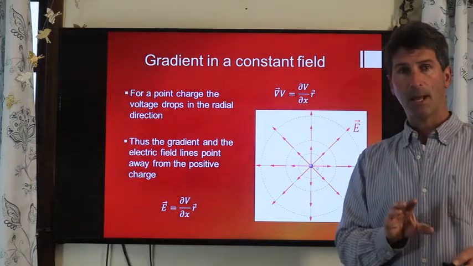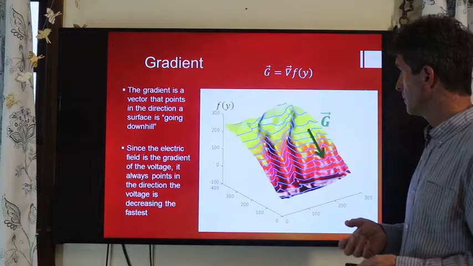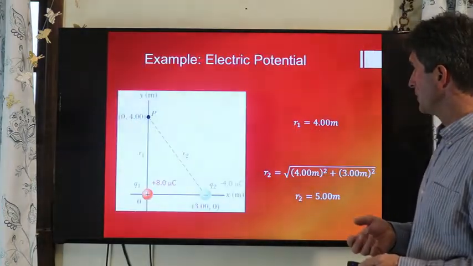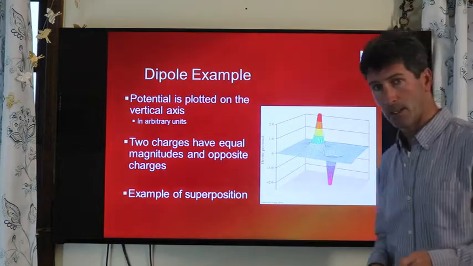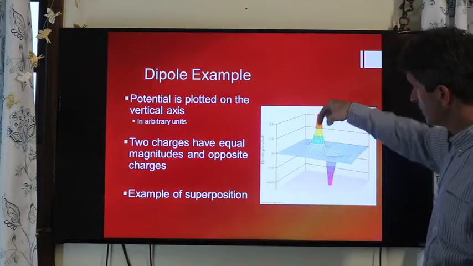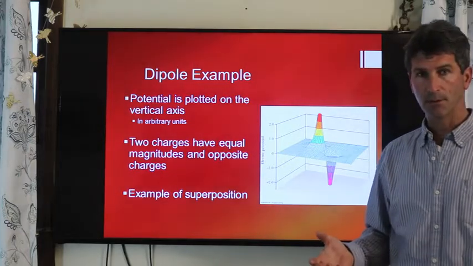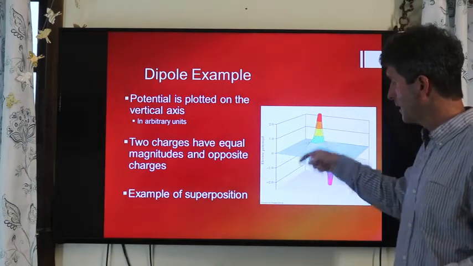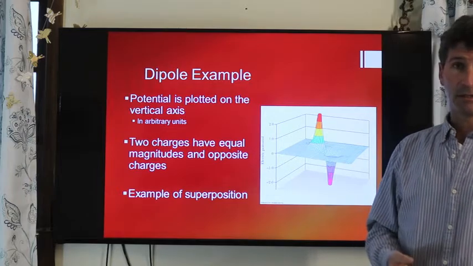Again, let's go back to some previous slides from another session. Remember when we visualized point charges like this. You notice it's really, really steep close to the charge. That's where our electric field is the greatest. And as we get away, the slope becomes less and less, representing less of an electric field.